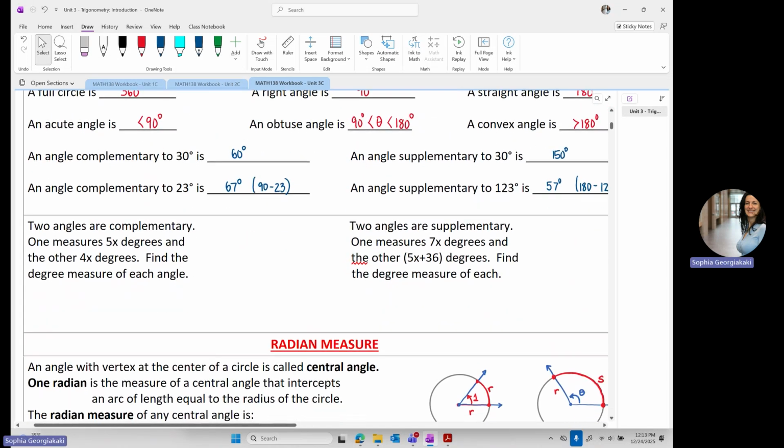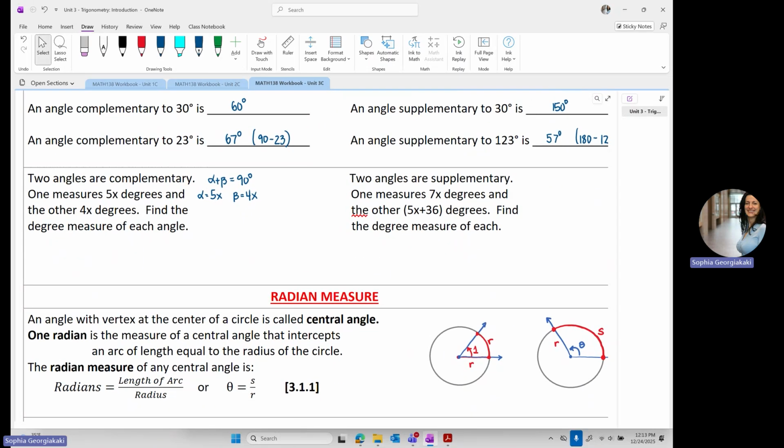Two angles are complementary. One measures 5x degrees and the other 4x degrees. Find the degree measure of each angle. So we have angles alpha and beta. They are complementary, so they add to 90. Alpha is 5x degrees and beta is 4x degrees. So I need to find x and then find how much is 5x and how much is 4x.